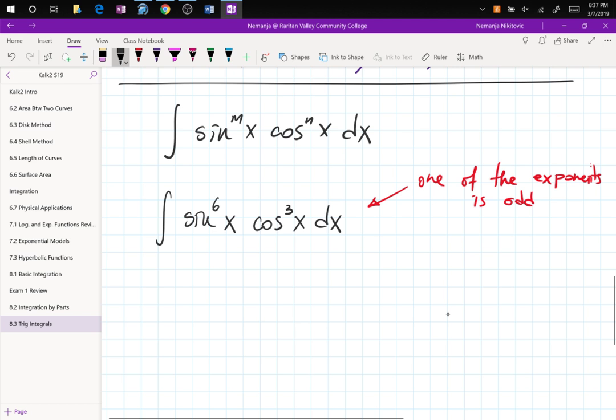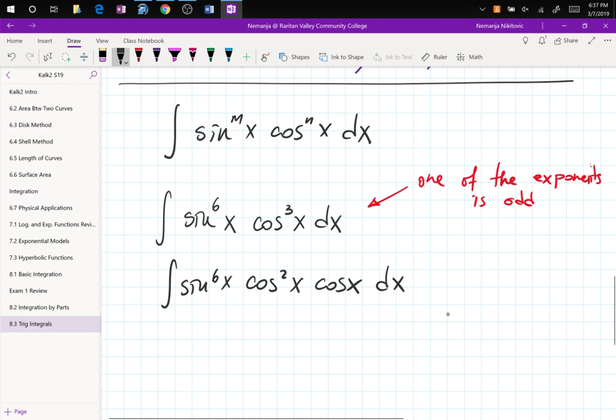Whatever is odd, you peel off that one function and keep it in a bank for dx. So I am starting with sine to the 6x cosine squared x cosine x dx. So your odd exponent.